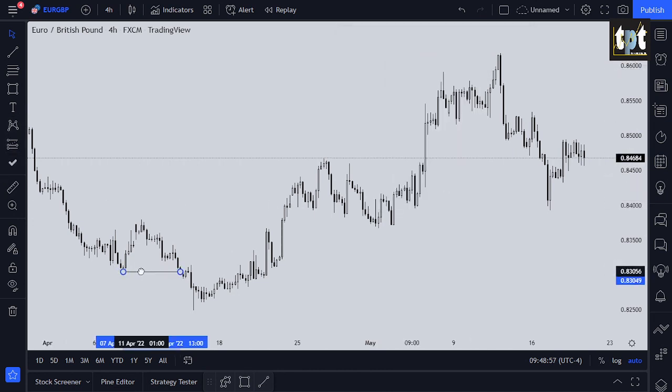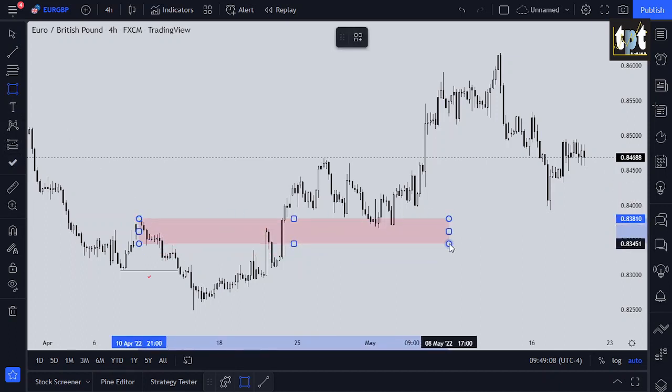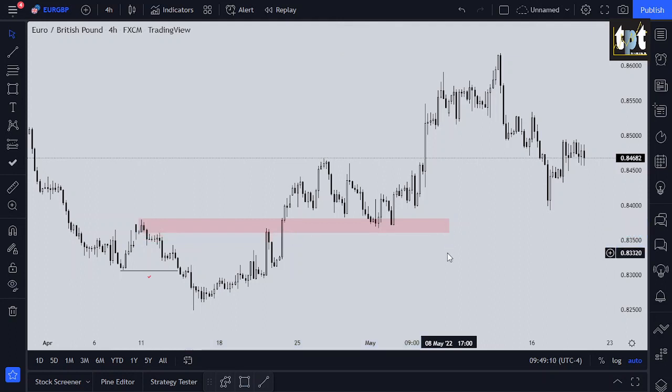So this short-term low was taken out. When it was taken out, there is something that was responsible for the liquidity to be taken out. We have this block here. So we had a clean break.